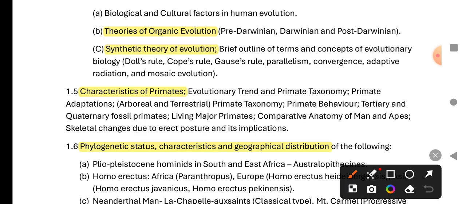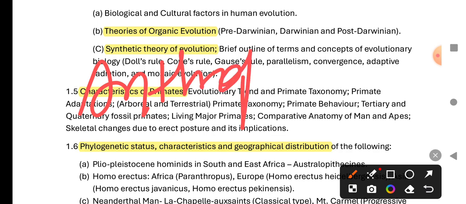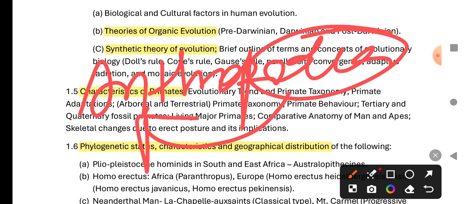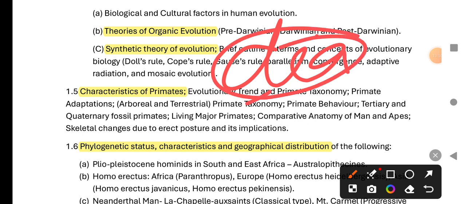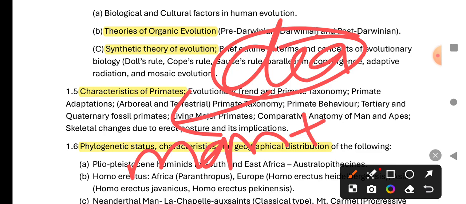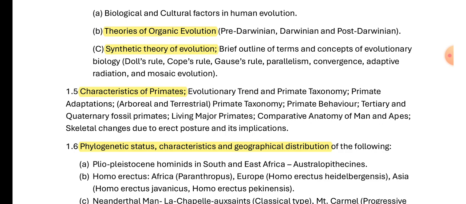This is Anthropoidea, okay. In this concept we are studying Anthropoidea, and we will move on to the study of man and their ancestors or apes, or other mammals.